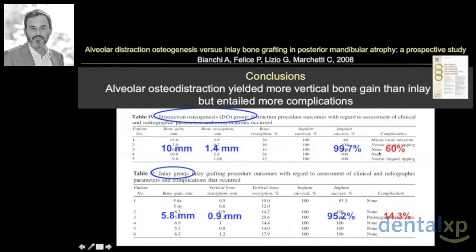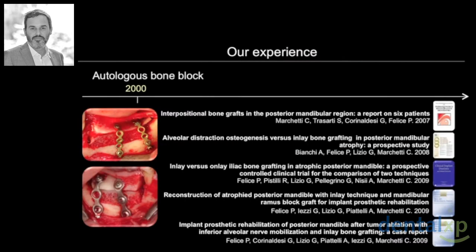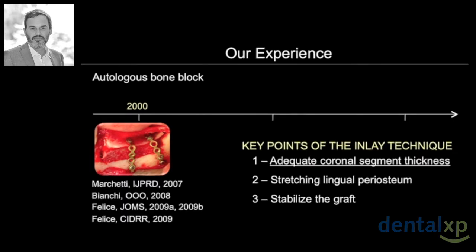We prefer the inlay technique because in the end, it is only a fast type of alveolar osteodistraction. Dear colleagues, what did we learn from this first experience? These studies started to show the potential of the inlay technique compared to other surgical techniques.